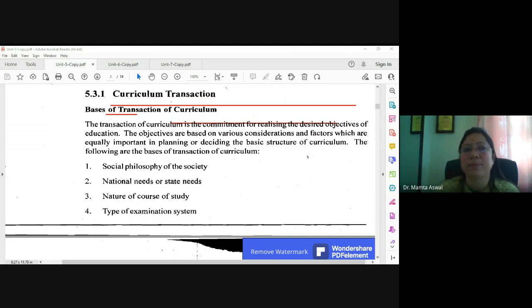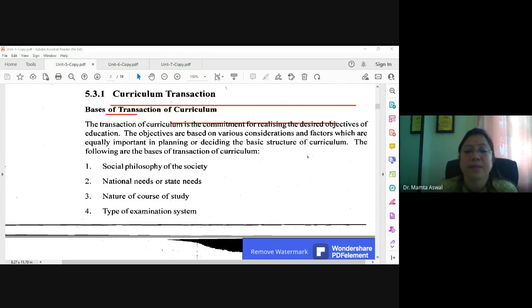For example, in a physics lab, or in a chemistry subject, the teacher is supposed to demonstrate how this chemical will be mixed with the particular chemical, what will be the formation, what will be the color, what will be the smell. So the nature of the course of study will also decide the transaction of that curriculum.